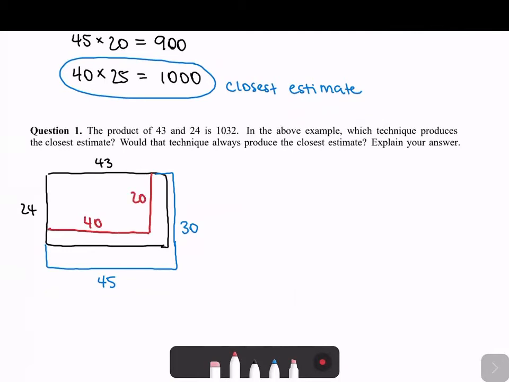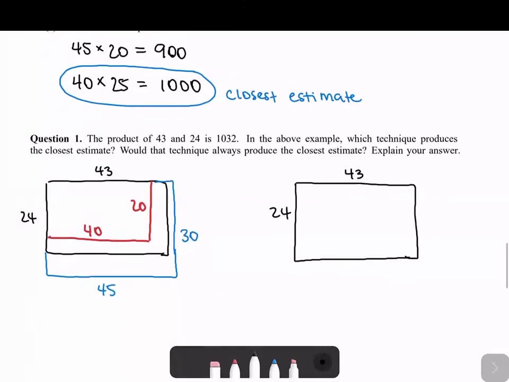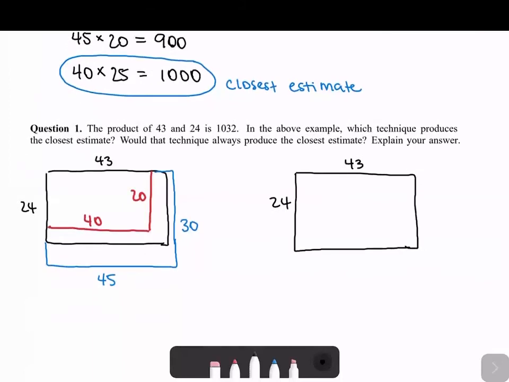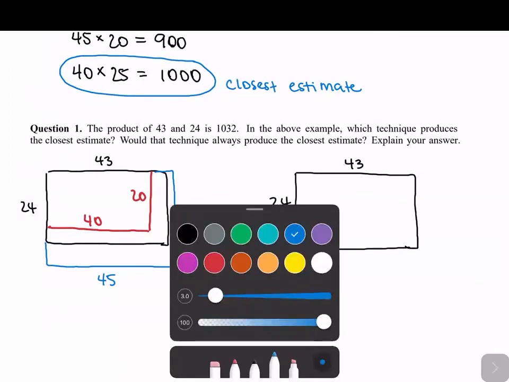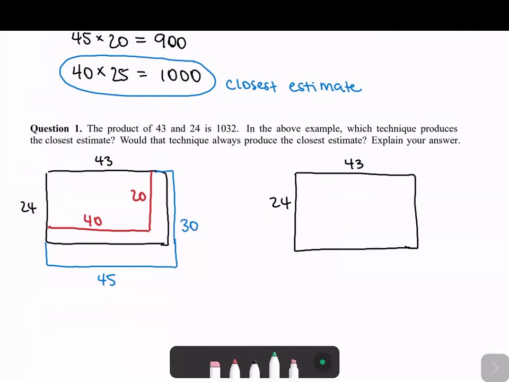Okay, so now let's look. I'm going to draw a similar box. So this is 43 and 24. What happens when we round one up and one down? So that closest example was, I'm going to use a different color here. So we had 40 and 25. So to get 25, we look like this.